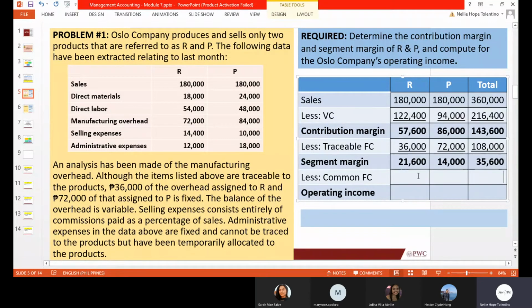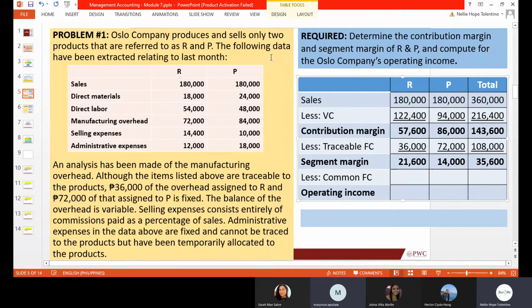Magkano muna ang common fixed cost? Saan dyan? Administrative expenses, ma'am.